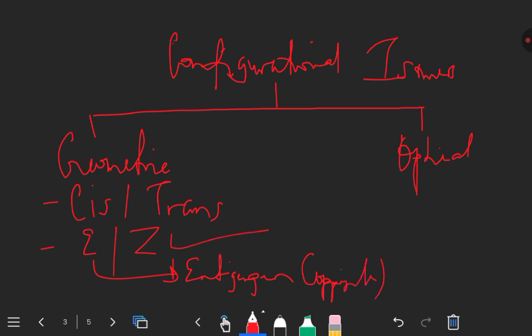Then this Z was gotten, it's also a German term, zusammen, which means same side.